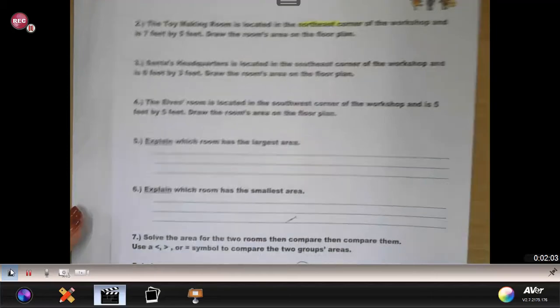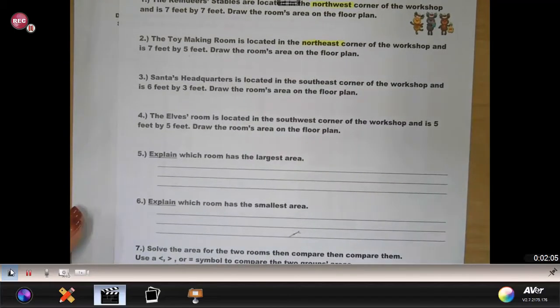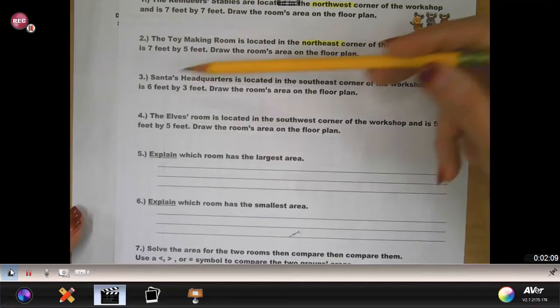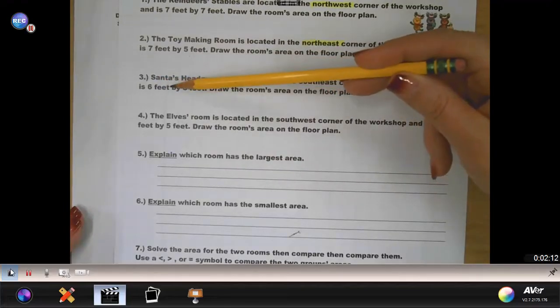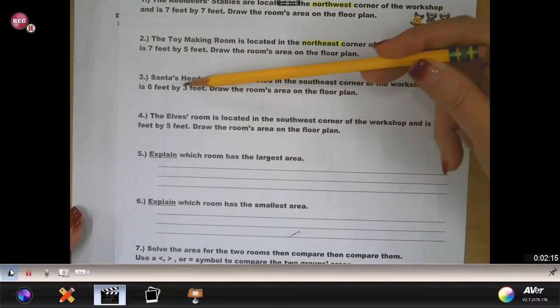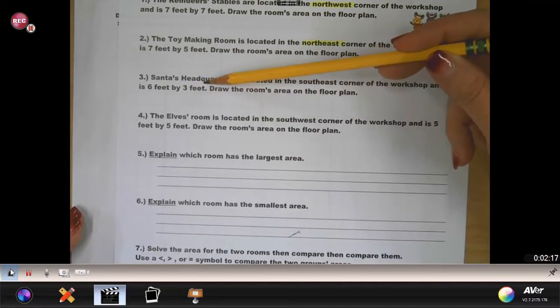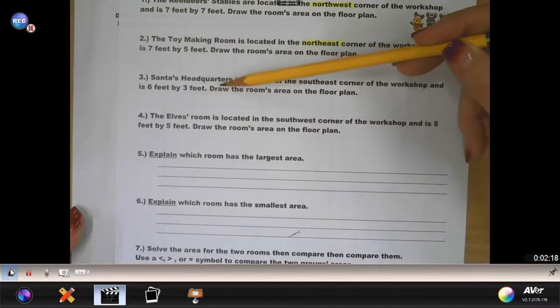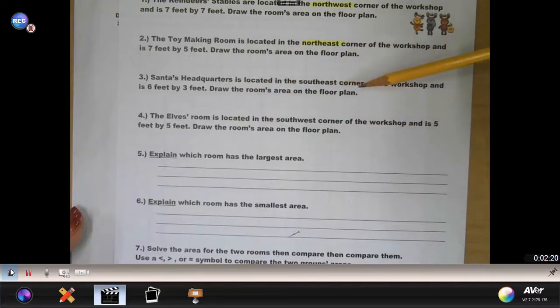It says Santa's headquarters is located in the southeast corner of the workshop and is 6 feet, which means 6 rows, by 3 feet, which is 3 squares in each row. So draw the room's area on the floor plan.